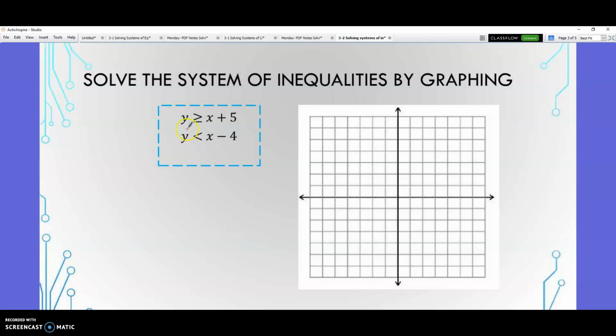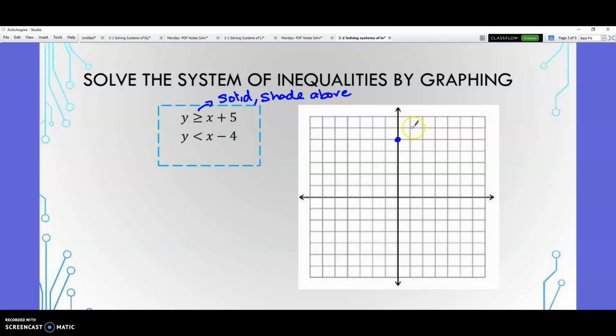Okay. Here's another one. They're already in y equals mx plus b. So y is greater than or equal to x plus 5. Greater than or equal to, solid line, shade above. 1, 2, 3, 4, 5.